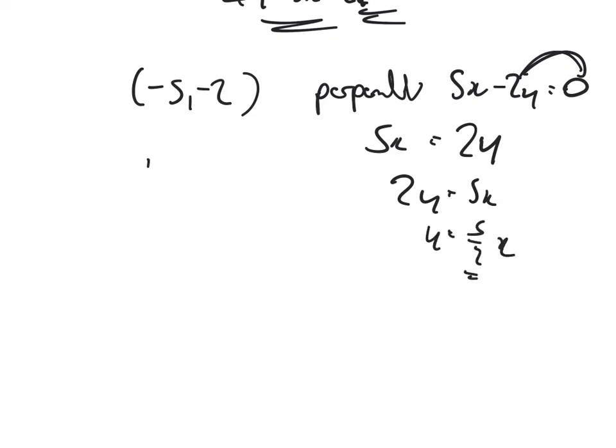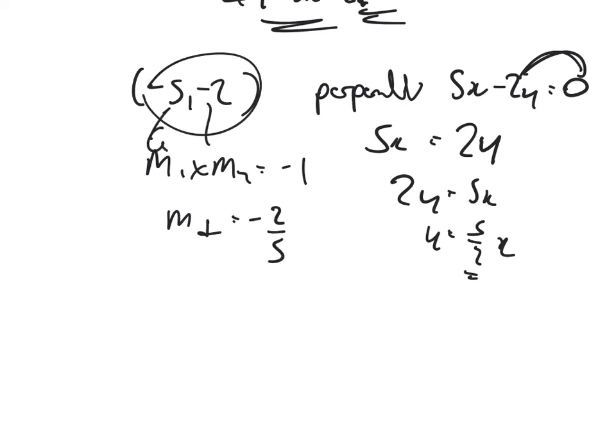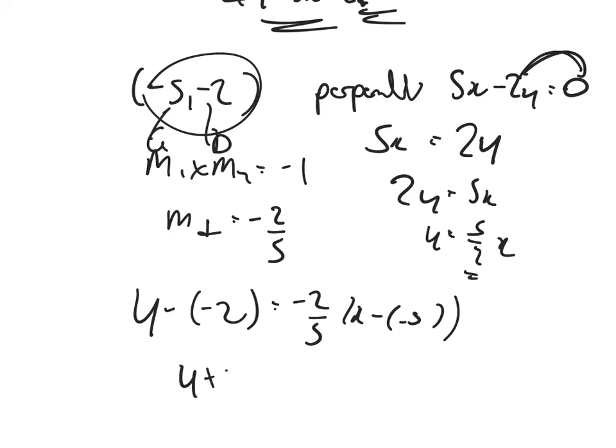Okay, so we know that lines are perpendicular, so m1 m2 equals -1, flip and invert, and the gradient of the line which is perpendicular will be -2 over 5. We've got the point (a, b), so y minus -2 equals minus 2 over 5 bracket x minus -5. y plus 2 equals minus 2 over 5 bracket x plus 5.